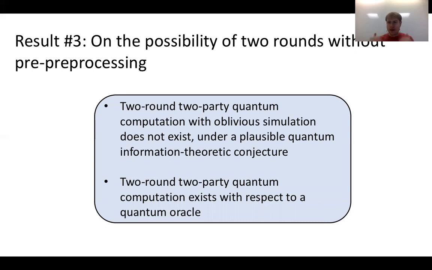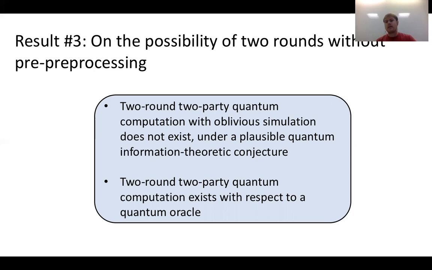But we have a partial positive result as well. If you assume access to a quantum oracle, in other words, ideal obfuscation of a particular quantum functionality, then you can construct a two-round two-party computation protocol, and this necessarily uses non-oblivious simulation.